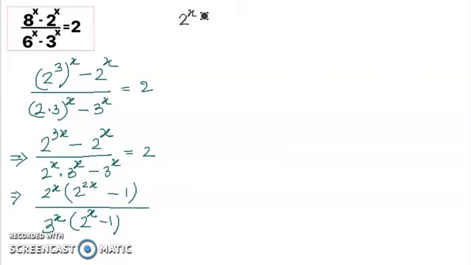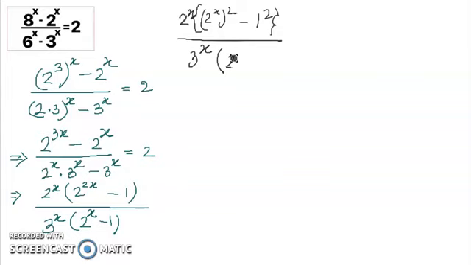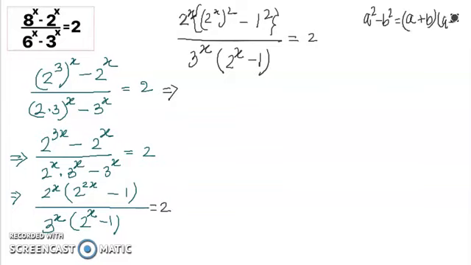2^2x can be written as (2^x) whole square minus 1 square, all over 3^x times (2^x minus 1). Now we will apply the identity a square minus b square is equal to a plus b times a minus b in the next step.